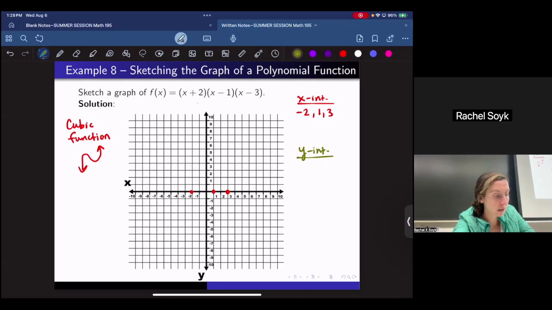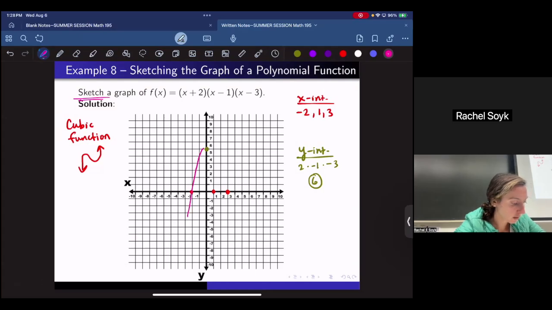Plug in 0 wherever you see x. So we have 2 times -1 times -3, which gives you 6. So 0, 6. And you're only asked to sketch it, so that's really all you need at this point.